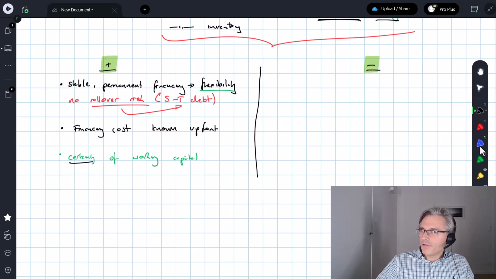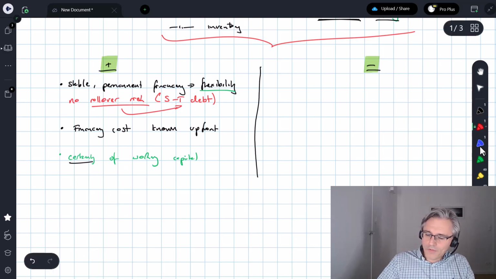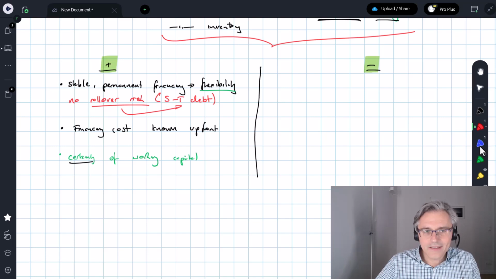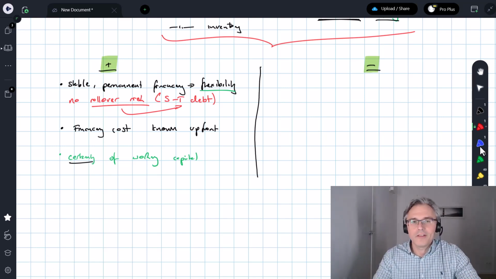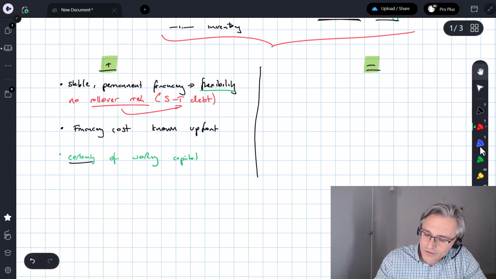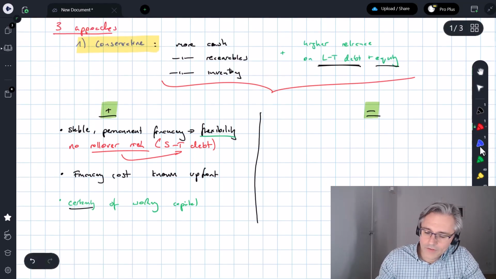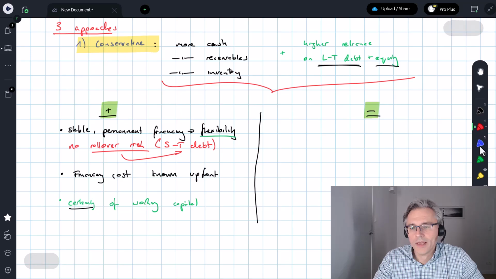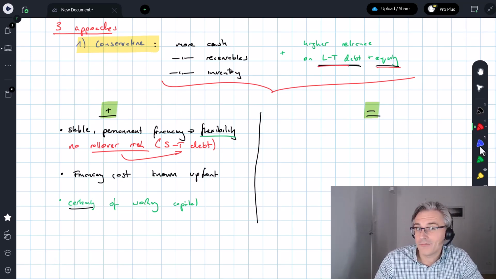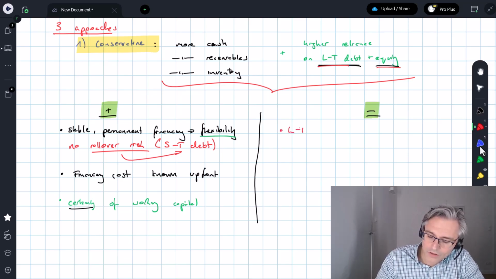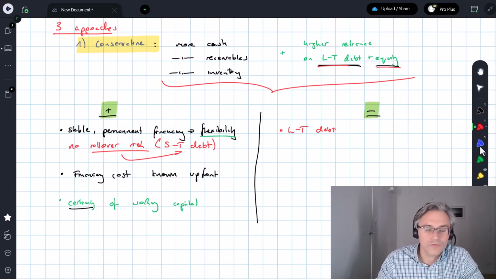Now, the problem with this approach, or the problems are numerous. Yes, it is comfortable to have that flexibility and that certainty, but it comes at a cost, because funding the investment into short-term assets with long-term debt and equity means you're funding it with relatively expensive sources of funding. So long-term debt is typically more expensive than short-term debt.